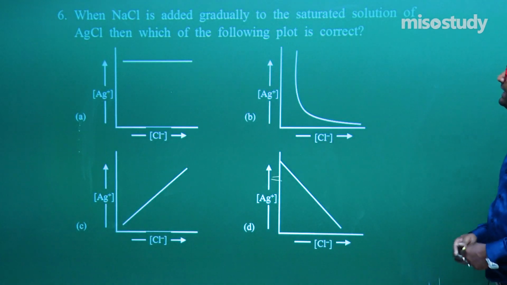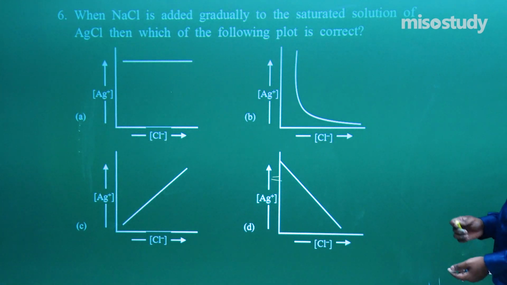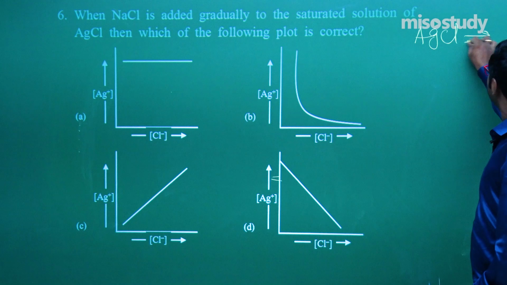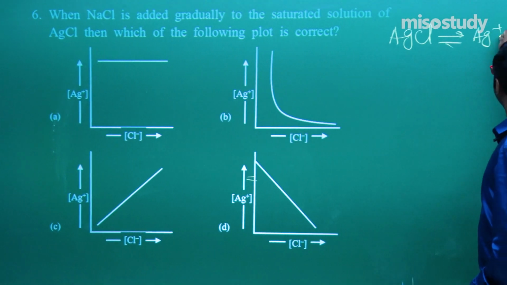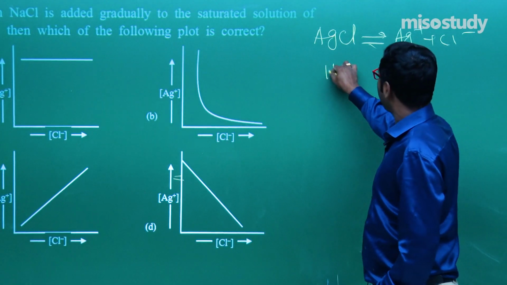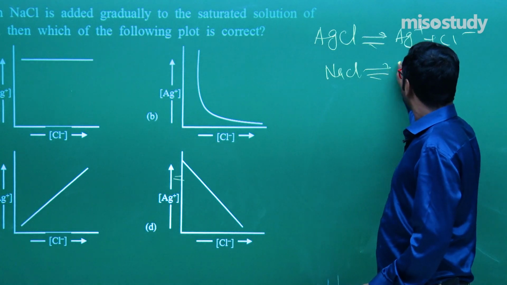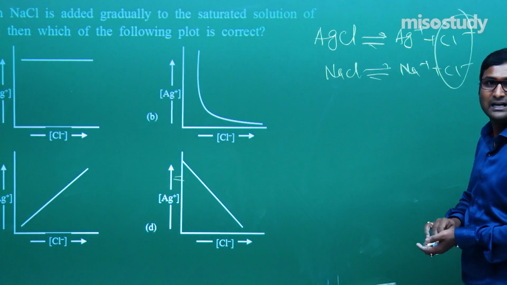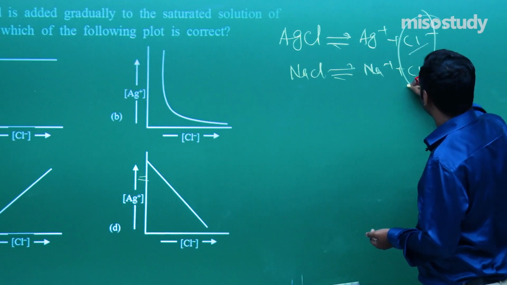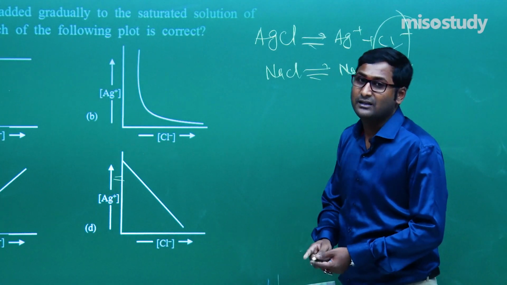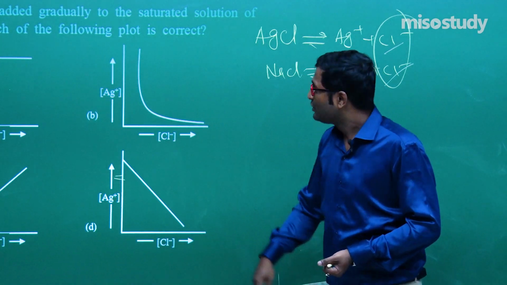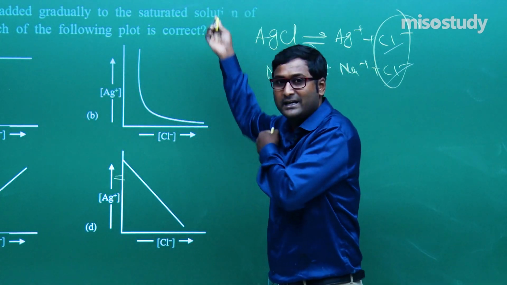This one: when NaCl is added to a saturated solution of AgCl, as we know this one is AgCl, that is Ag plus and Cl minus. When we add NaCl, it will dissociate like this. Now this is a common ion effect: the concentration of the common ion Cl will increase and the concentration of the ion which is not common will decrease. So one increases, the second decreases.